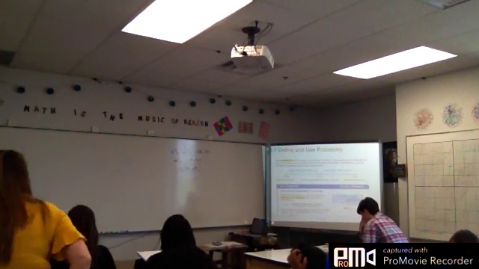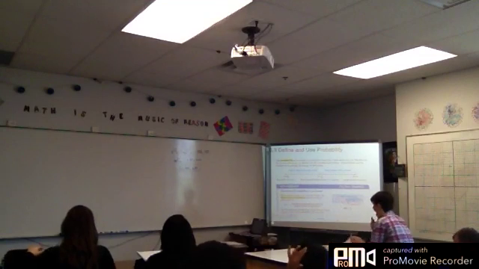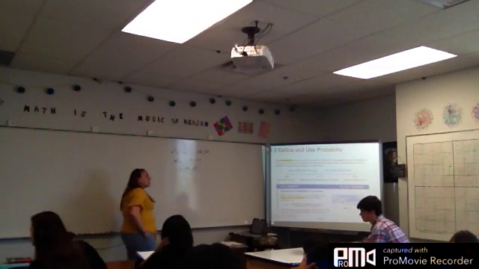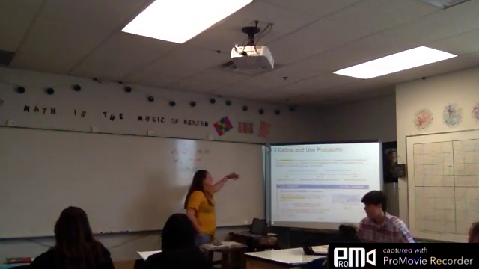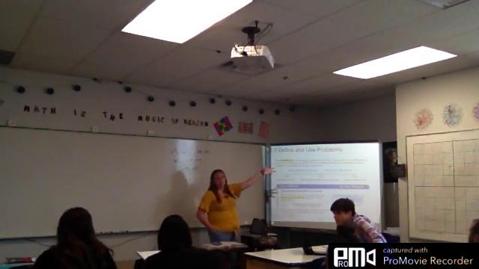Okay, on 10.3, we are going to define and use probability. The probability of an event is a number from 0 to 1 that indicates the likelihood that an event will occur. If it's 0, the event will not occur. If it's 1, it's certain to occur.